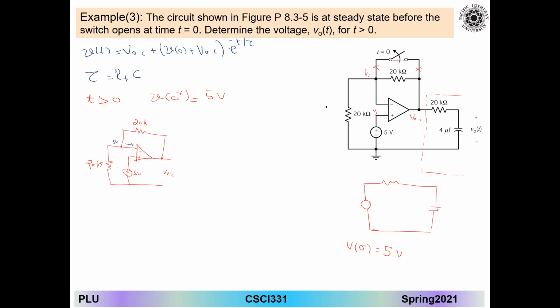Let's see, maybe I do it in a very quick way. If you draw your circuit of the op amp with the switch closed, how does it look? I have the op amp, minus, positive, and I have this one short circuit. So I have this one connected here, and this one connected to the 5 volts, and I have the resistors here.